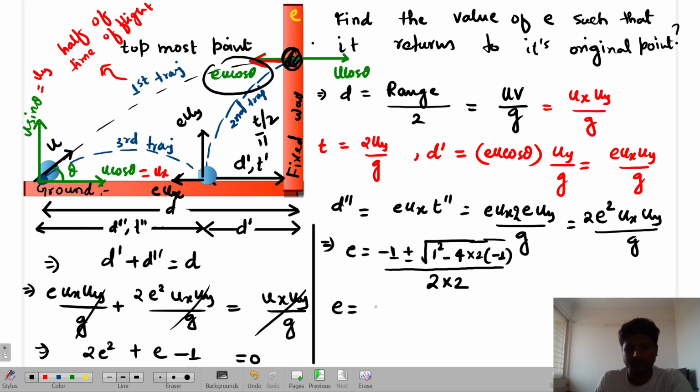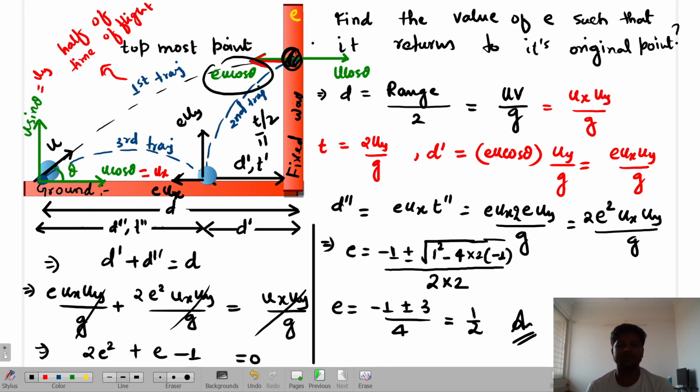So e is equal to minus 1 plus or minus root of 8 plus 1, that is 9, which is 3, divided by 4. Negative is not possible, so 2 by 4, which is 1 by 2. So e must be 1 by 2. It is 1 by 2, is that clear or not?